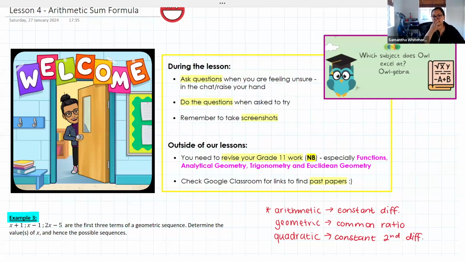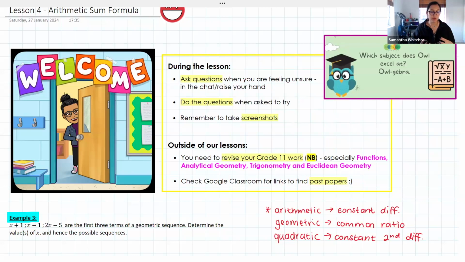All right, so this might seem, well, I know this, why are we doing this again? We've already spoken about this, but in this first example that we're about to have a look at, we are going to have to solve for an unknown variable, which we have done before in quadratic and arithmetic. And in both instances, when you are solving for an unknown, you need to know the characteristics of your sequence.